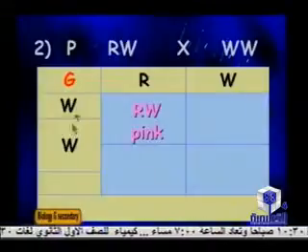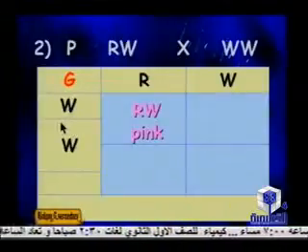Now if one pink is crossed with one white, the gametes will be R and W representing the pink one, while the white is represented by two capital letters, W and W. The first one will be pink, R capital W capital.